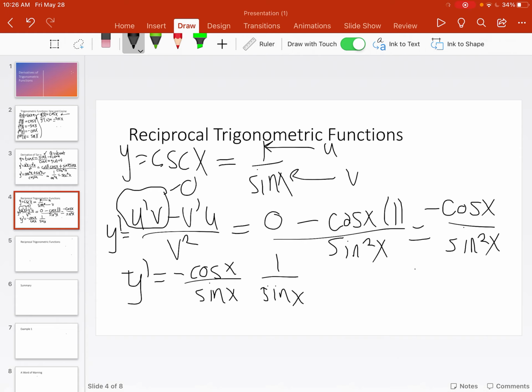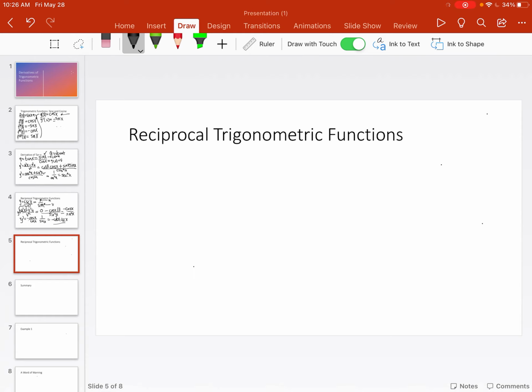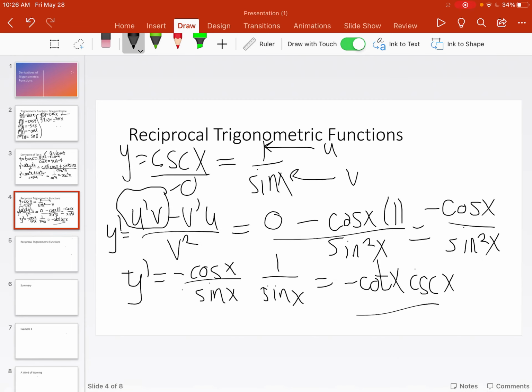And that is, well, we can split this up into a product of 2. And, well, what's cosine x divided by sine x? Well, that is just cotangent x. And what is 1 over sine x? Well, 1 over sine x is what we started with, cosecant x. What are we left with? Well, we just got cotangent x times cosecant x. Our initial function is also in the derivative. So there we go. We're done. That's the derivative of cosecant x.